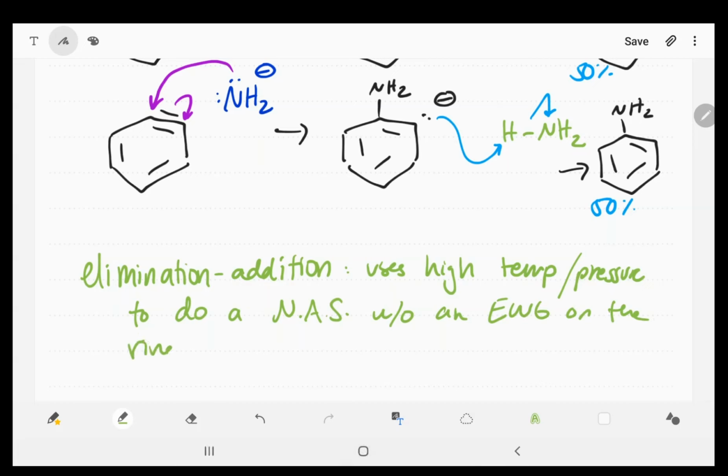This is probably the least likely one you'll use, synthetically speaking, but it is an option. So that's why it's part of the curriculum. Even though it's a little bit less useful because you do end up with a mixture of products, it is just another tool you can use, even if you don't end up using it.